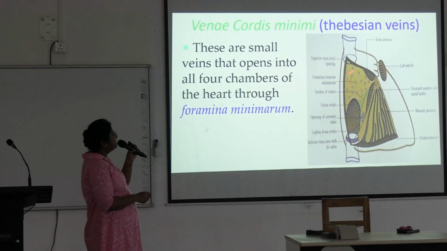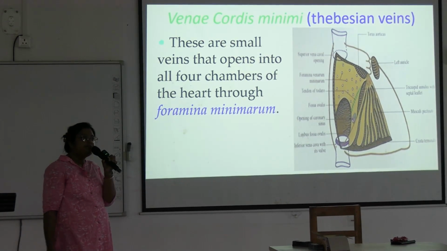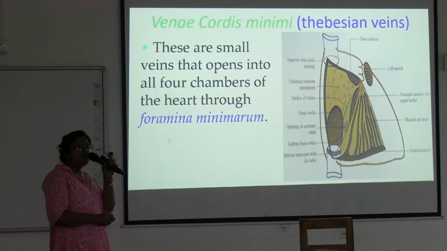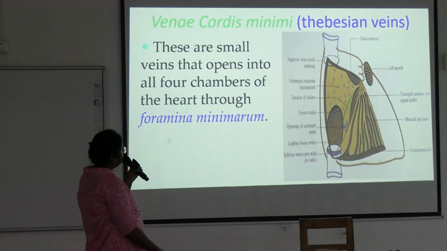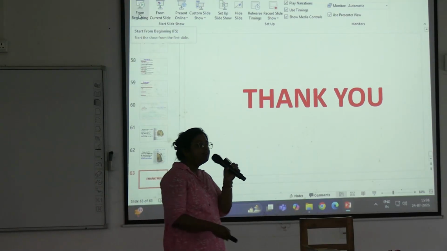These small dot-like openings are the openings of the vena cordis minimi. Okay. Here a right atrial wall, the septal wall, has been shown. Next. Okay, that's all. So this is the venous drainage of the heart.